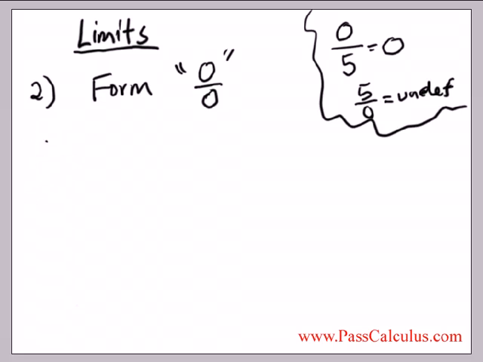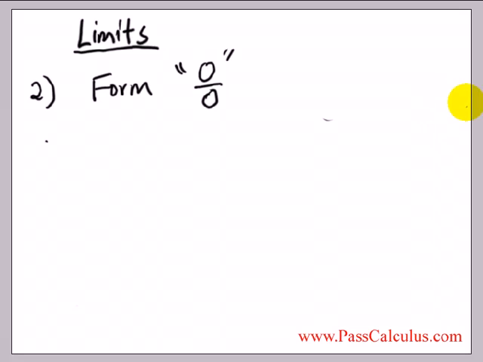So I just wanted to review that 0 over 5, or 0 over a non-zero number, is just fine. The answer is 0. But anything over 0 is always going to be undefined in math, okay? So let's remember that.